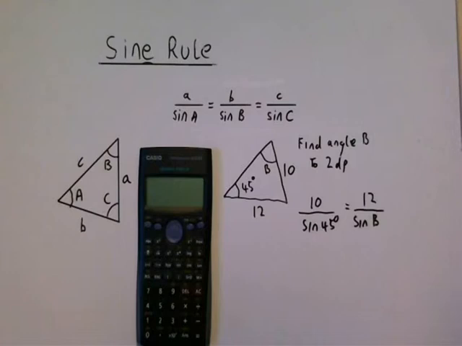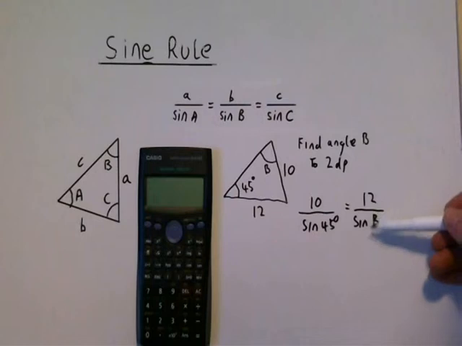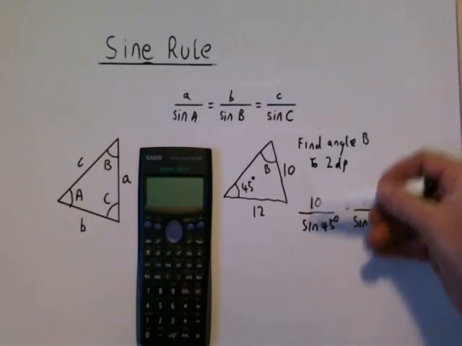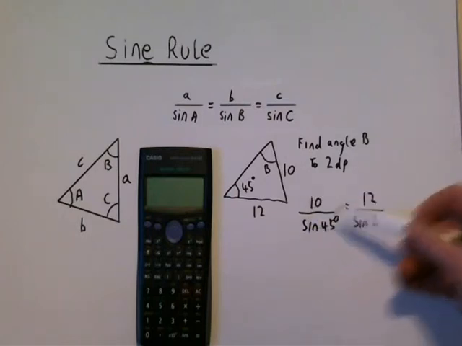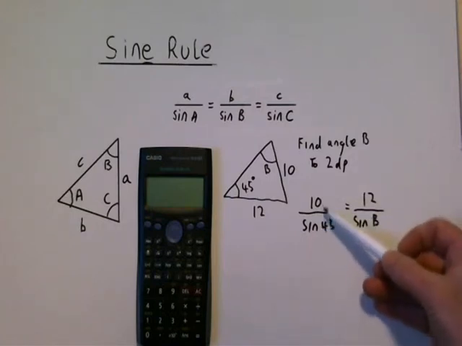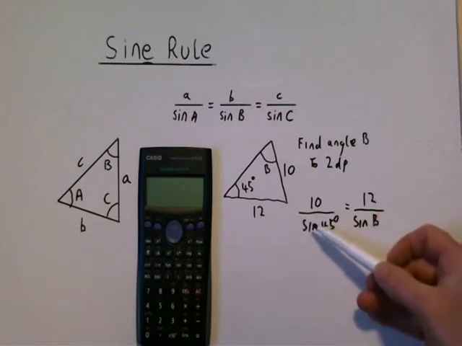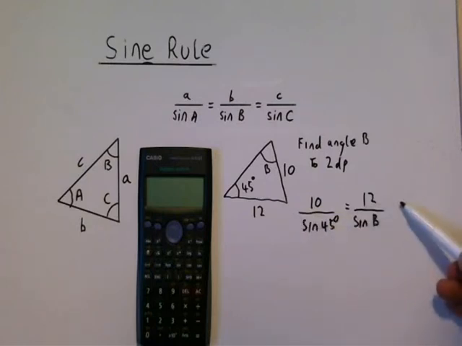So now we're going to have to move things around. Now I'm going to try and do it all in one go, but I'll explain it all. To get this sine B, we don't want to be left with 1 over sine B by moving that 12. We want to get the sine B over to that side, and on the top we want to move this lot this side. Now if you look at that, sine 45 degrees is dividing, so we times both sides by sine 45, which will bring it over here, timesing it.